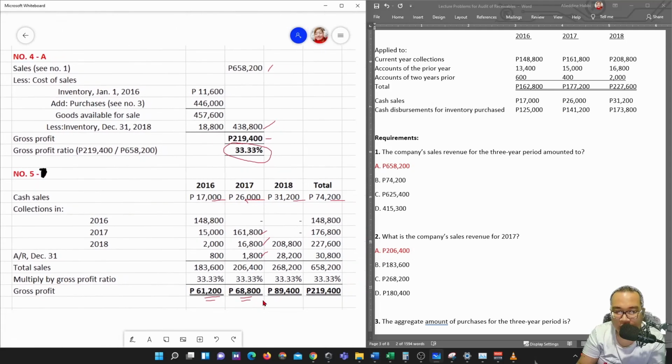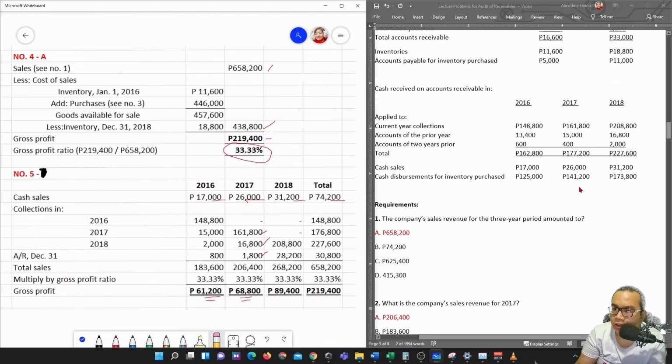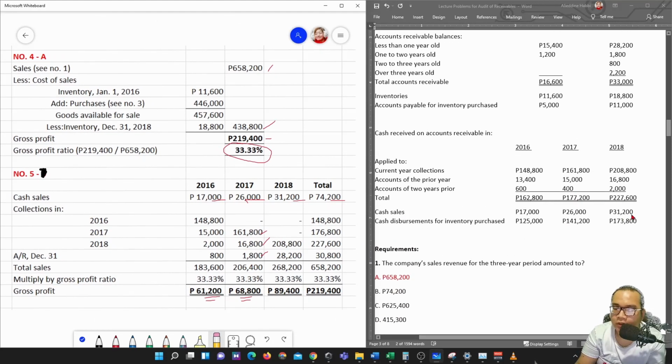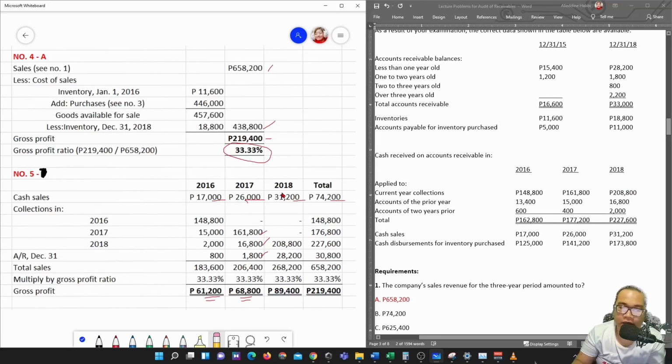Dito tayo sa 2017, 2018 na tayo. So 2018, cash sales, 31,200. Siyempre, collections for 2016-2017 accounts, hindi yan. Then, current year collections mo, 208,800. And, since 2018 nangyari yan, yan yung ending year natin, wala ka nang mga collections na yan.